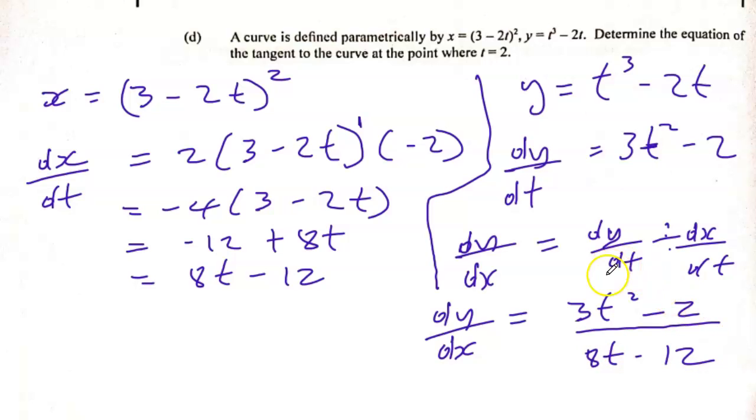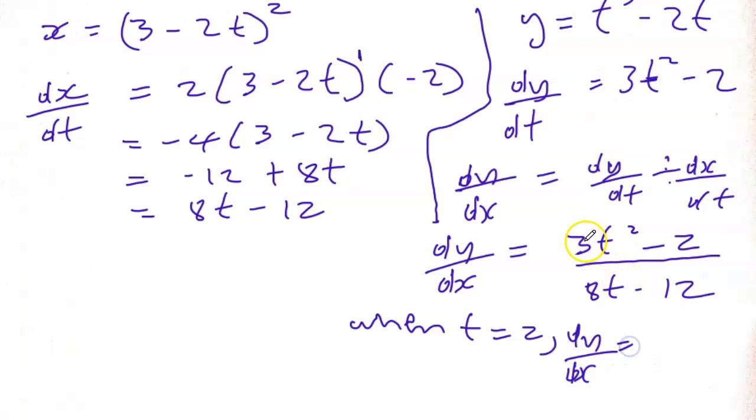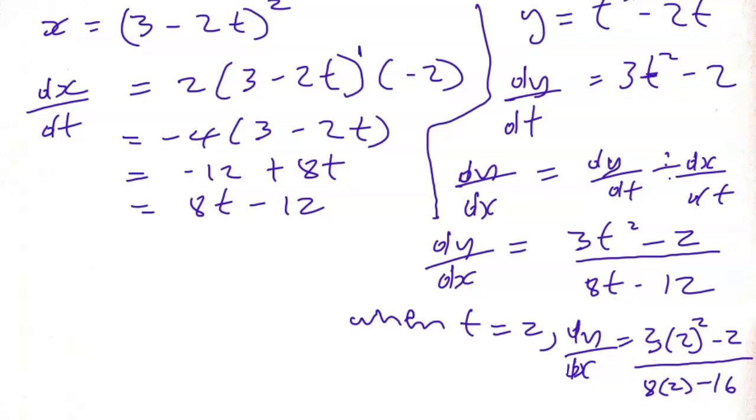Let's continue. So we want the gradient when t is 2. So we can substitute t equal to 2 into dy by dx. So when t is equal to 2, dy by dx is 3 times 2 squared minus 2 over 8 times 2 minus 12.